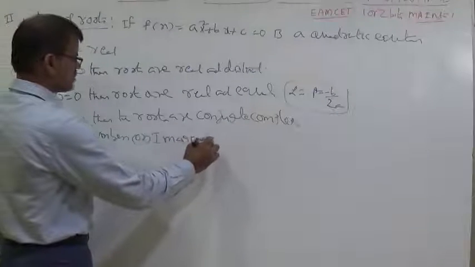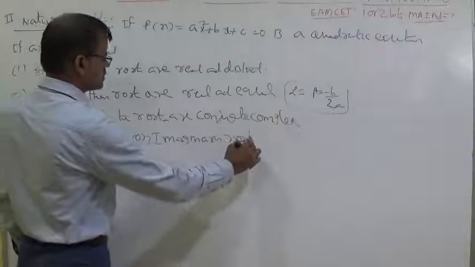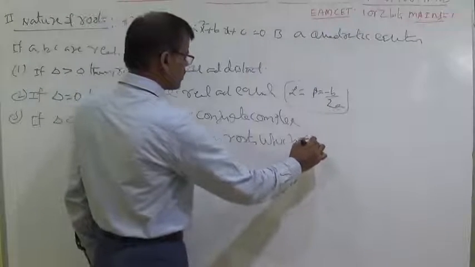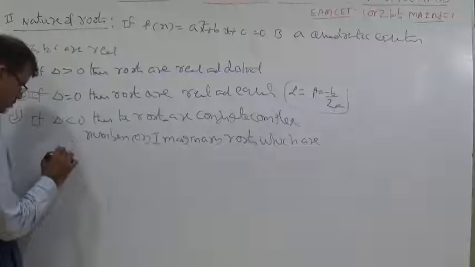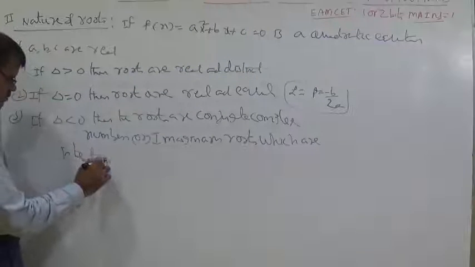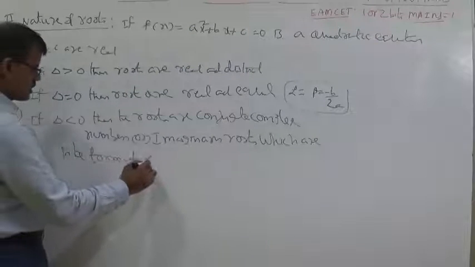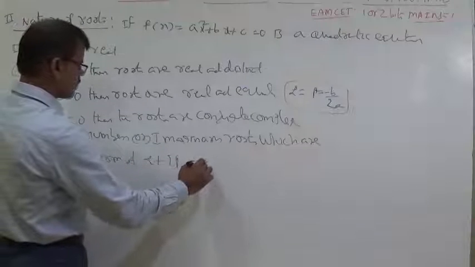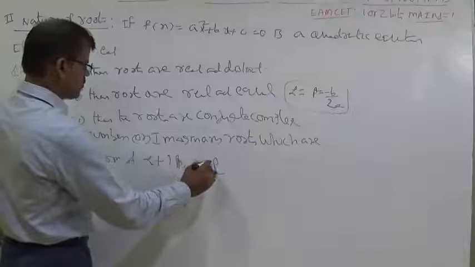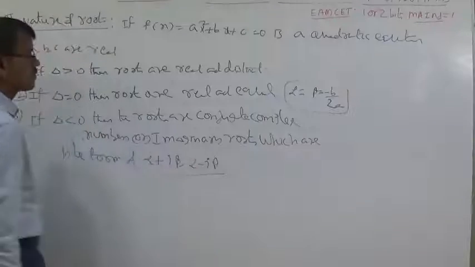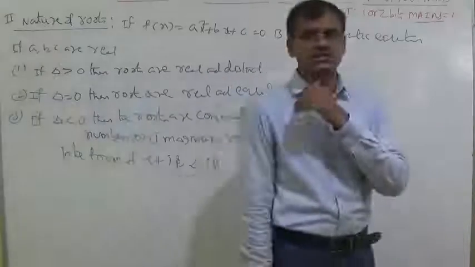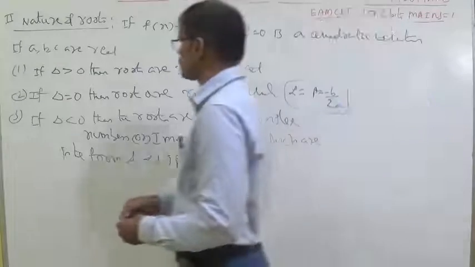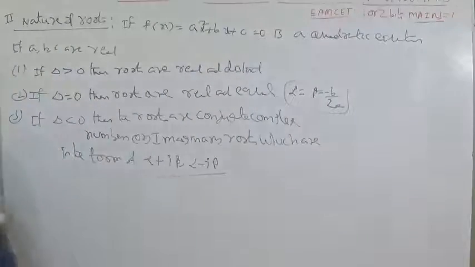Conjugate complex numbers are imaginary roots, which are in the form alpha plus i beta, alpha minus i beta. I indicates imaginary, alpha is called the real part and beta is called the imaginary part. Now, nature of roots we have discussed.